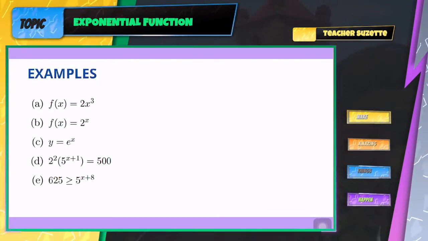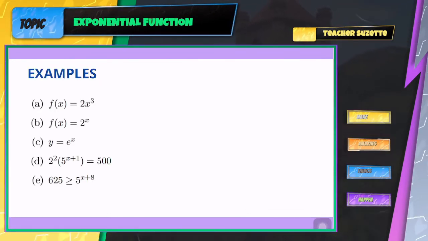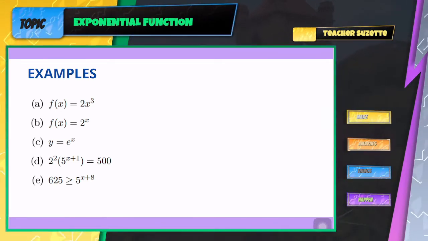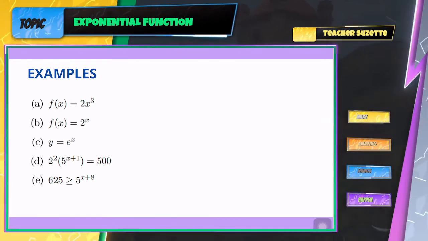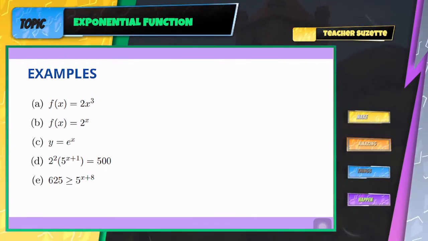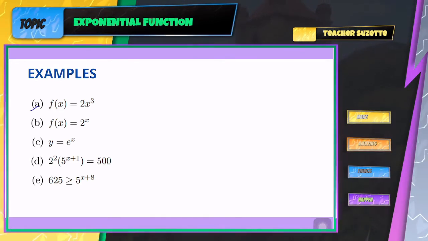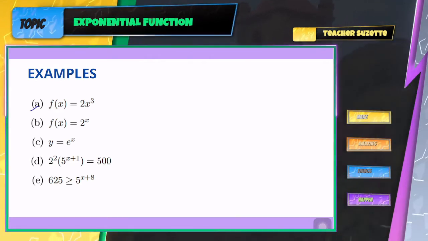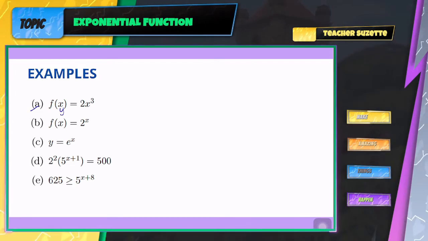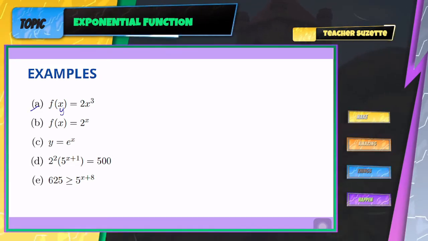Now, this time, let's determine whether the given examples are an exponential function, exponential equation, exponential inequality, or none of these. So, let's have our letter A. Upon checking letter A, you can easily observe that your equation is equated to f of x or y, so you can say that this is a function.